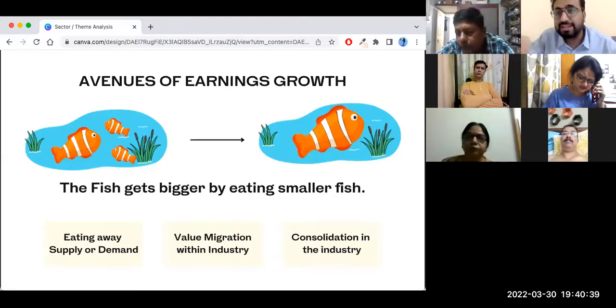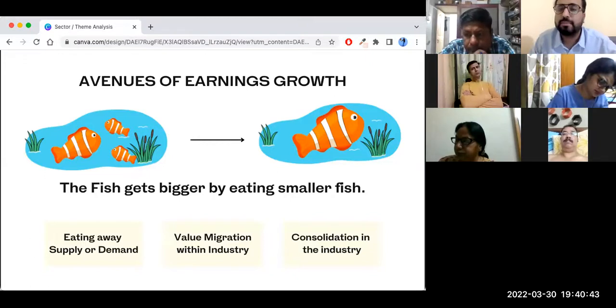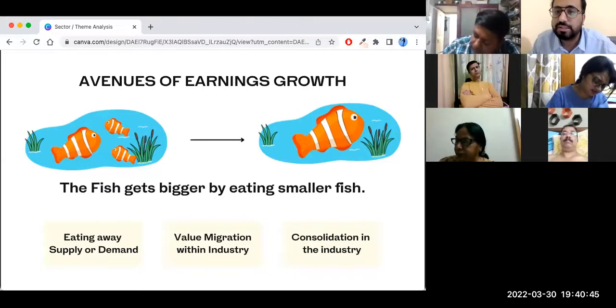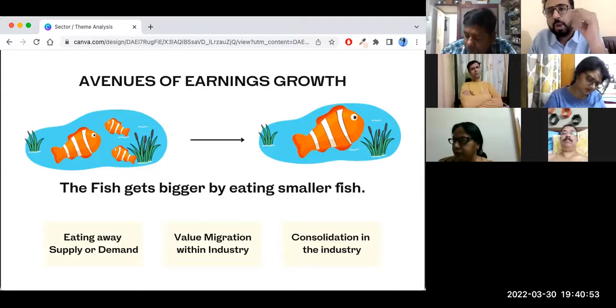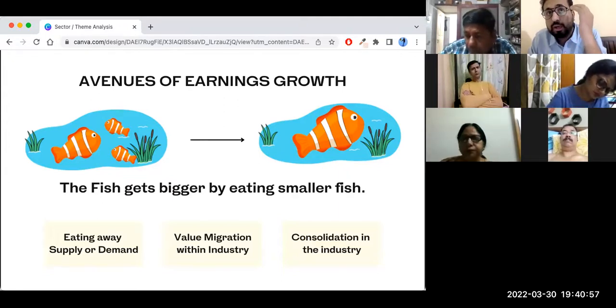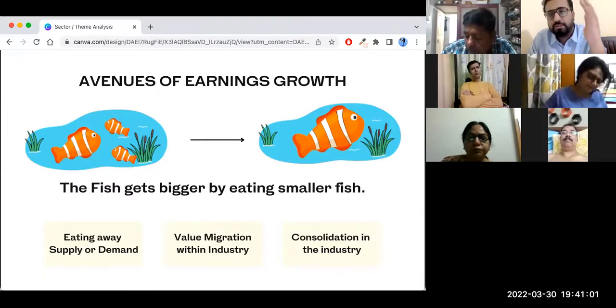Another very interesting example I'll tell you. There's a cement company called Shri Cements. Now cement, all the big cement companies in India, in around 2007 or 2008, used to follow a very simple business model.